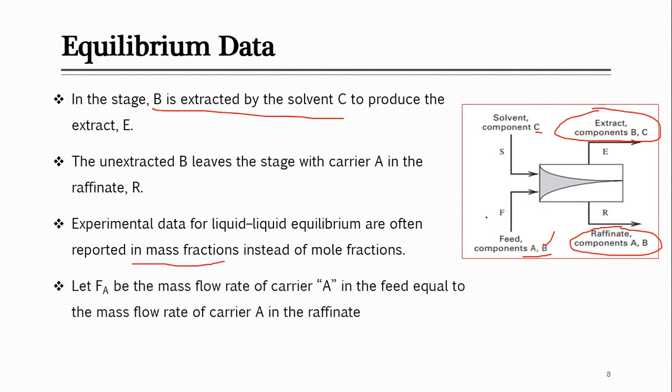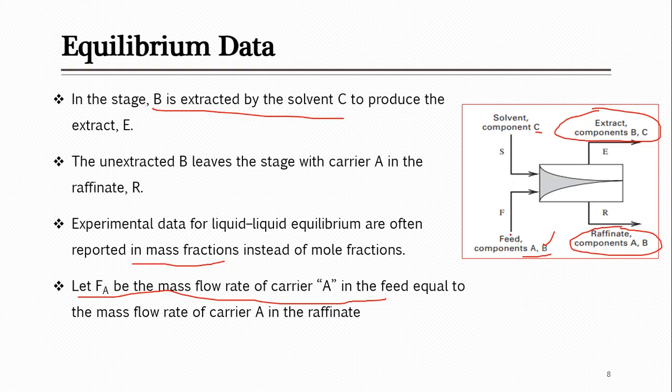So just consider this: FA here is the mass flow rate of carrier A in the feed. This is the feed, and it contains two components A and B, and out of those we are considering one component A, whose mass flow rate is represented with FA. And as we said, this is a system in which the two solvents are immiscible.